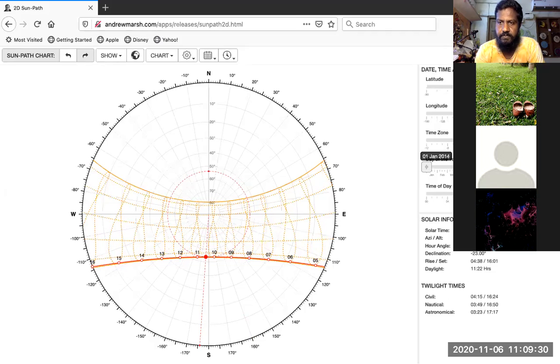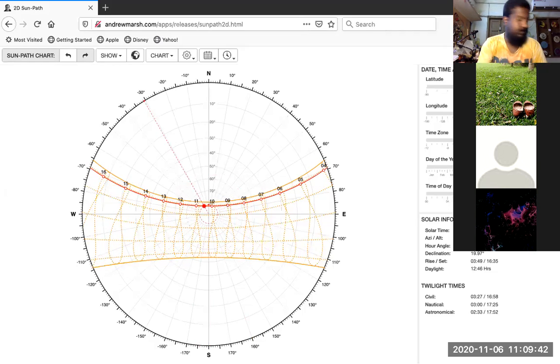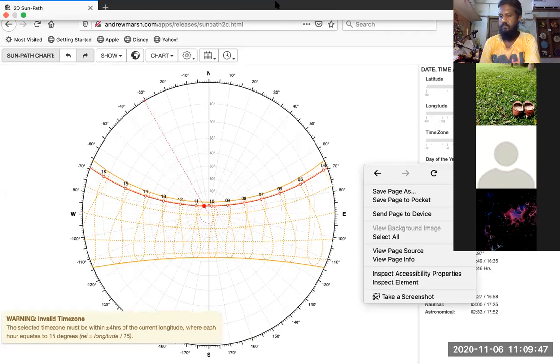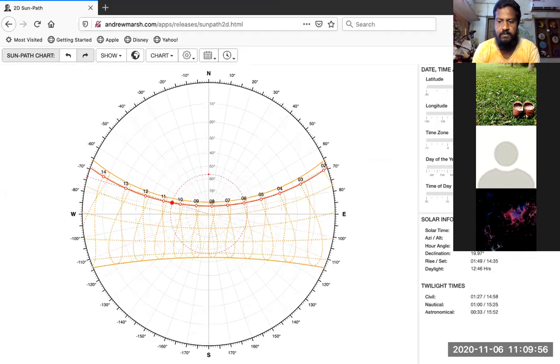There's some problem here. Just a minute. I think there's a problem with my mouse pad. As of now, it's 20th.